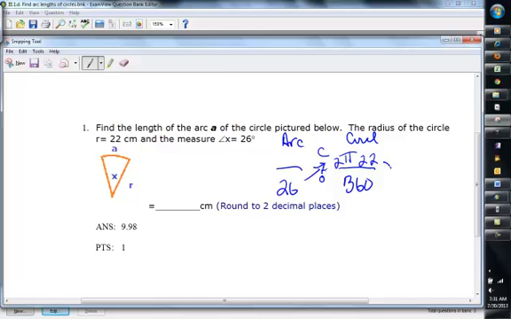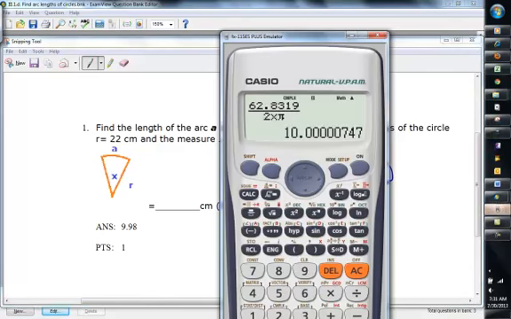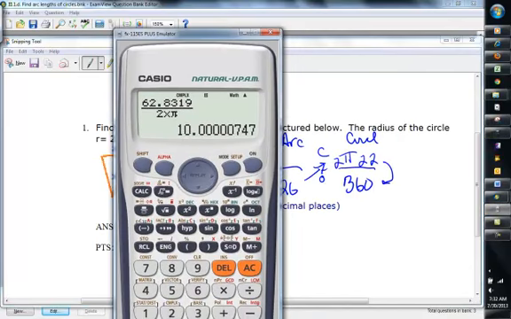Cross multiply and divide. So on our calculator, we would set it up as a fraction, and the numerator is 26 times 2 times pi.